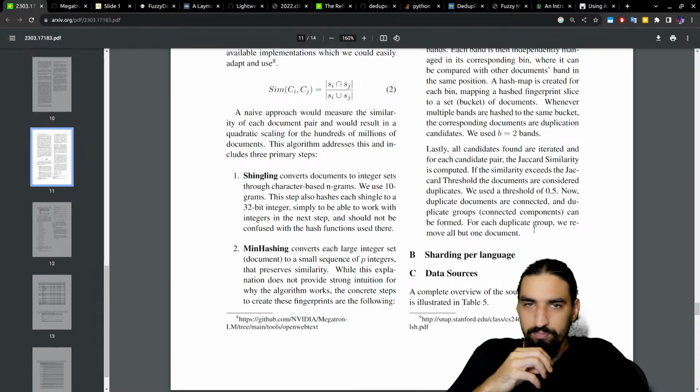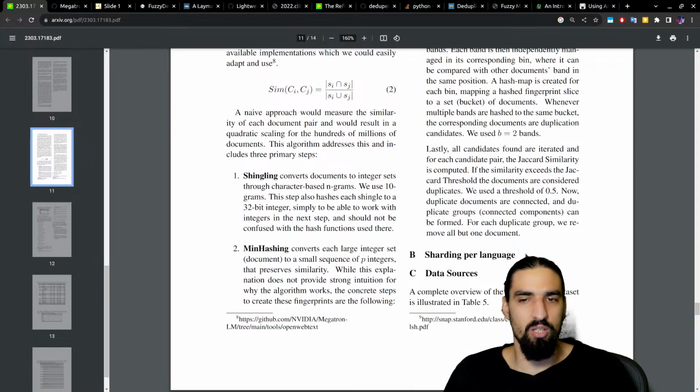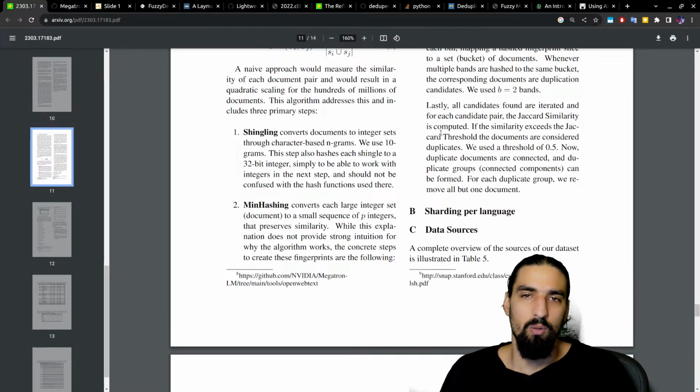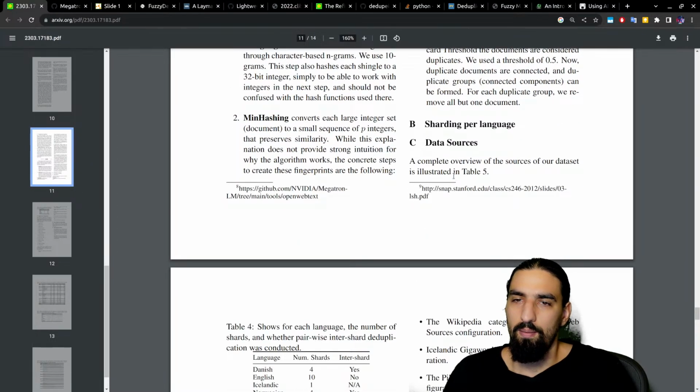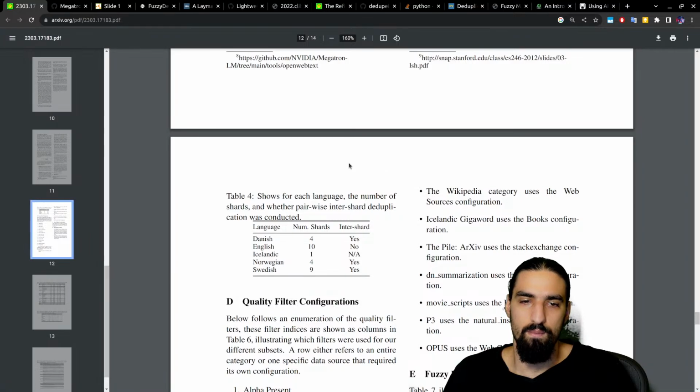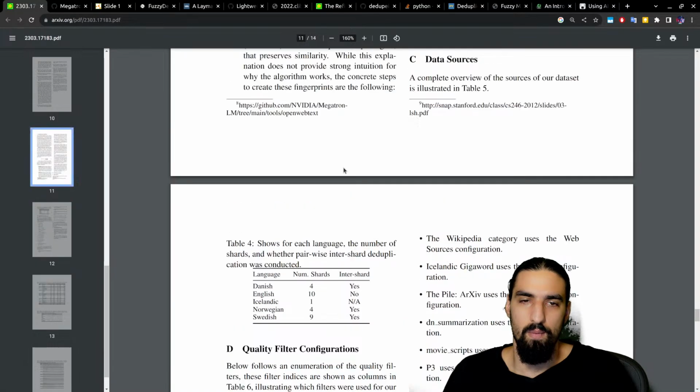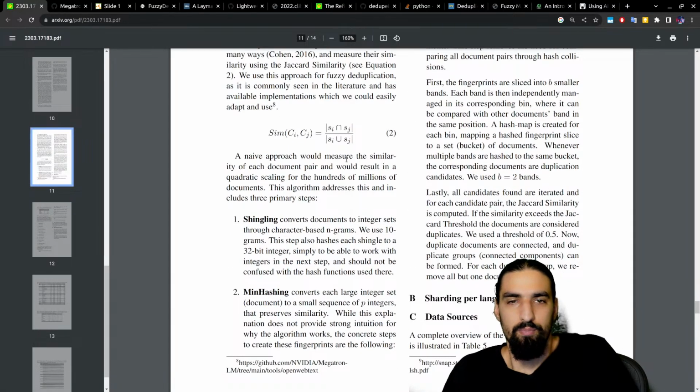Okay, that's hard to understand from just this paper, but we now know what they've used, and that's min hash.